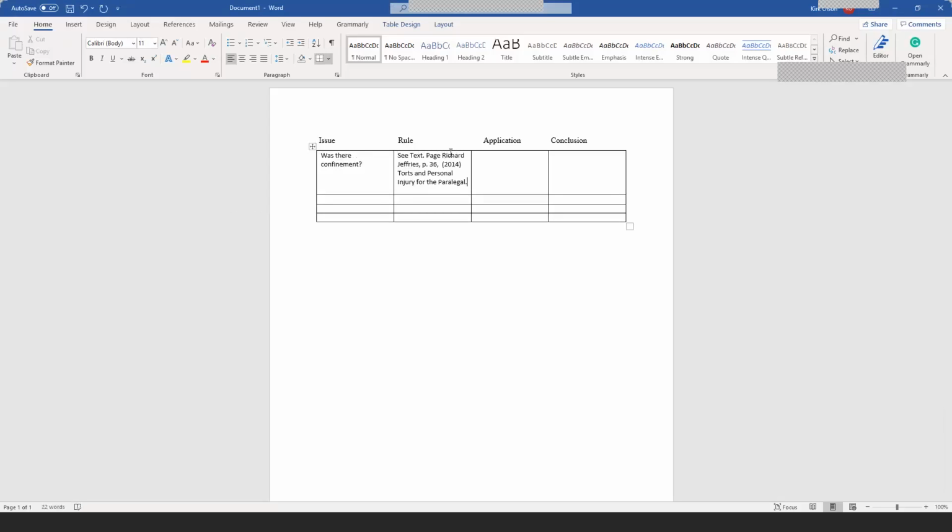So use Richard Jeffries' text, get the correct page number. False imprisonment, 158, right?